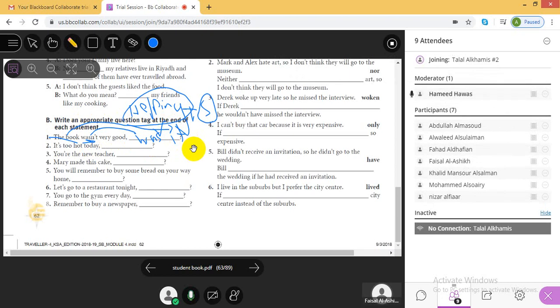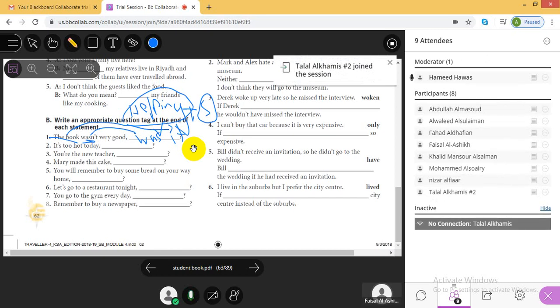So I want to say the book wasn't very good, was it? I mean, do you agree with me? So I use the question tag at the end of the sentence to emphasize, to confirm something, or to get the agreement of someone.